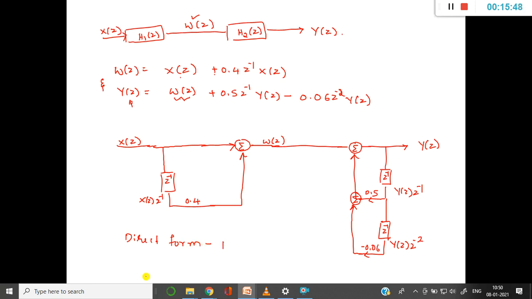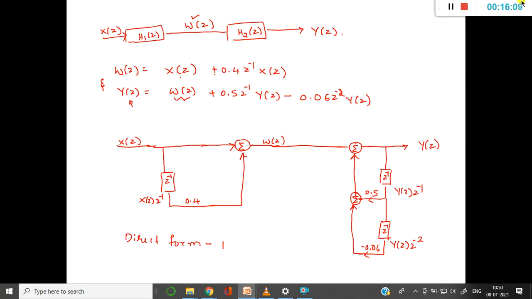Now we will move to direct form 2. Are there any doubts here to anybody? Any doubts? Okay, if not, we'll move on. So next, I will try to represent direct form 2 here.